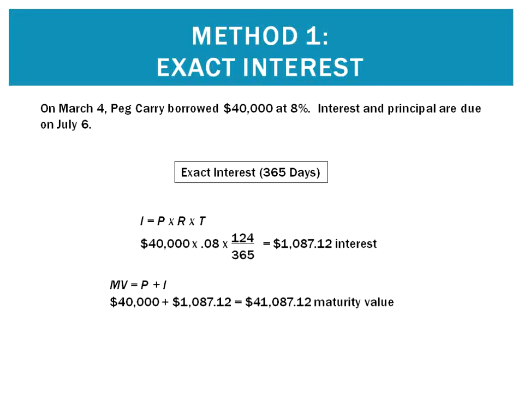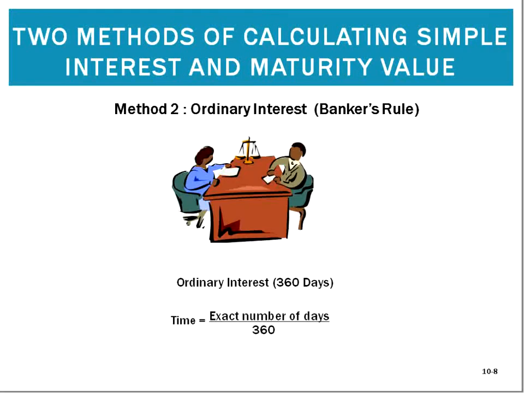Of course your maturity value is your principal plus your interest, which is $40,000 plus $1,087.12, so that is $41,087.12 maturity value. So at the end of those 124 days, instead of paying $40,000, she ended up paying $41,087.12. But that was exact interest.